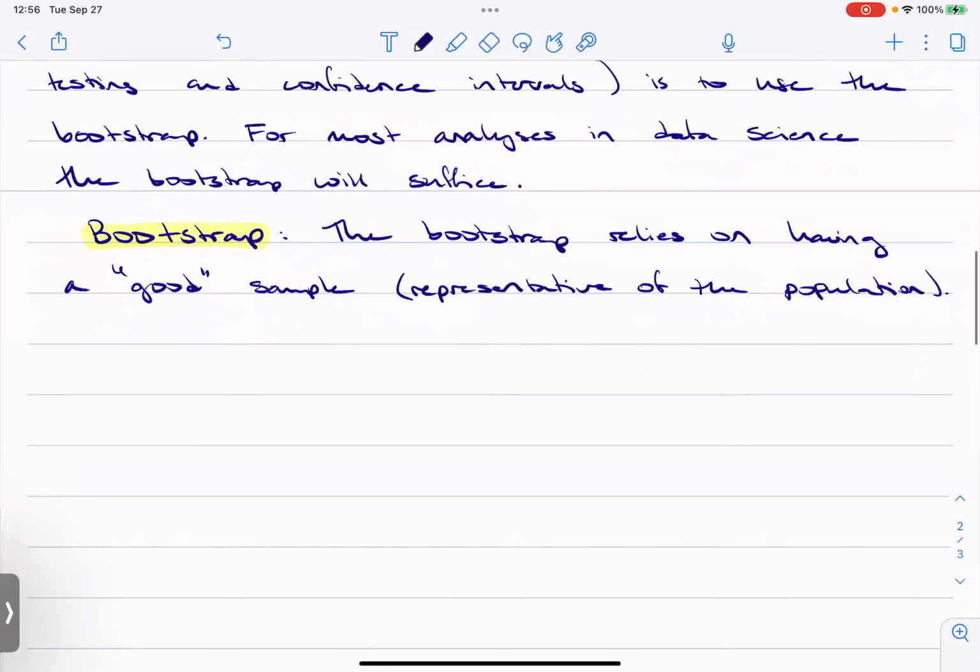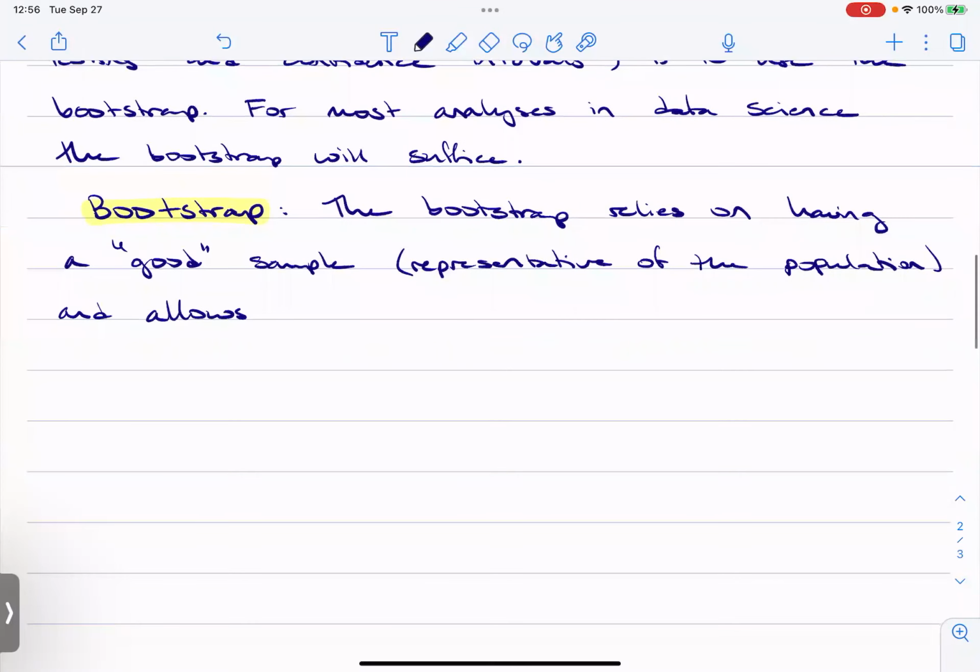Okay. So the bootstrap relies on having a good sample. And I guess I put a period here, but I'll keep going with this run-on sentence. And allows us to estimate the sampling distribution.